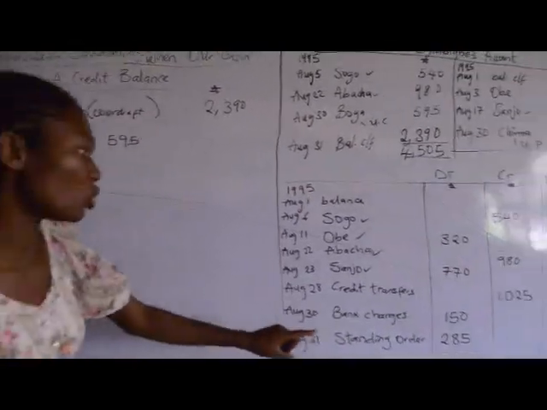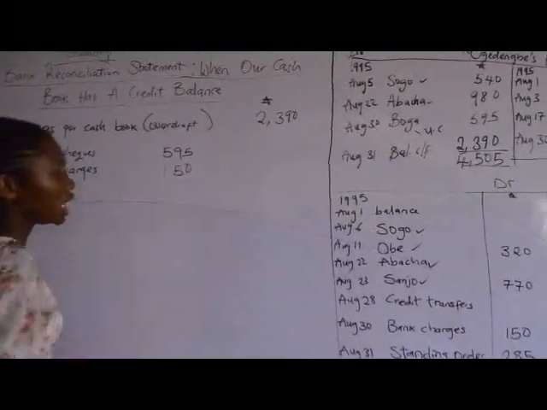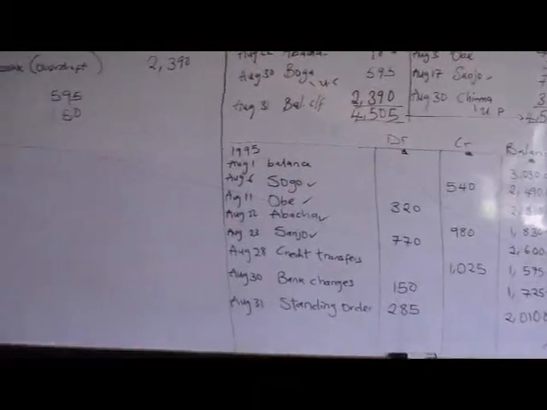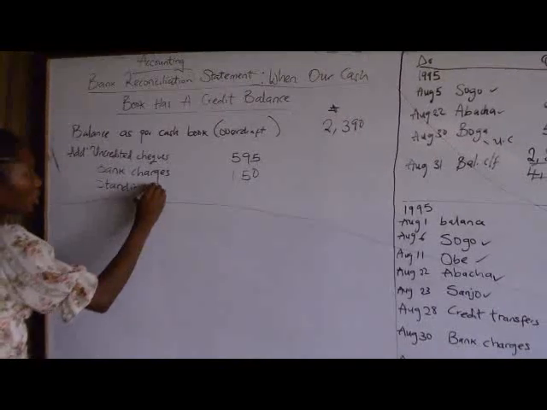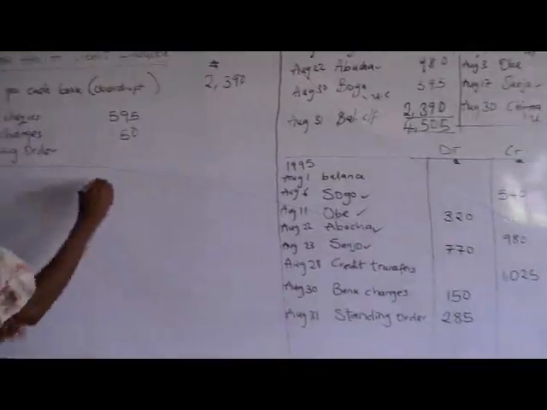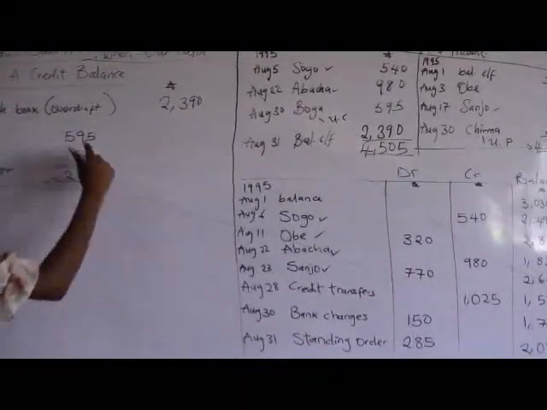Our bank charges is 150 naira. We'll be adding our standing order. Alright, those are the things that will make our loan even to be bigger. So we are going to be adding them up. Our standing order is 285 naira.